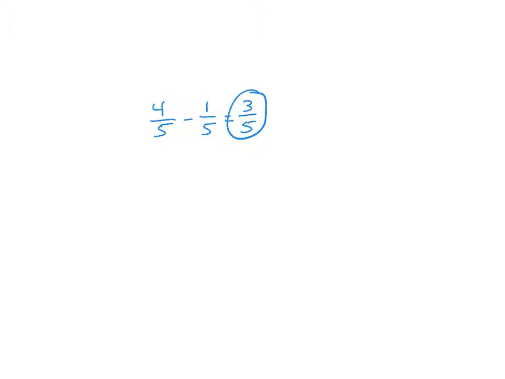Sometimes you might need to add or subtract more than just two fractions. So if you had 1/9 plus 4/9 plus 5/9, as long as the denominators of the fractions are all the same, and in this case they're all ninths, I can just add those numerators together. 1 plus 4 plus 5 gives me 10, so I have 10/9.